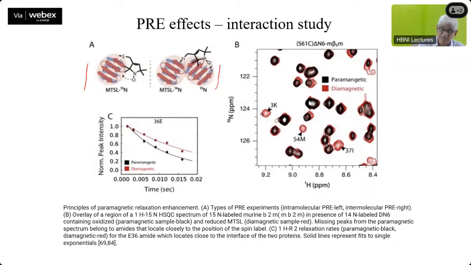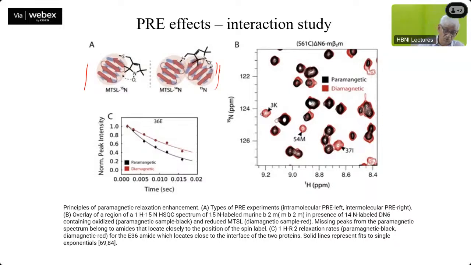Here the spin label is attached on the nitrogen 14 protein. Therefore, what you are measuring is a diamagnetic system. So you can see whether the intensities of the peaks are getting affected at all. If they are getting affected, that means these two are interacting, and which residues are getting affected will be seen by these intensity ratios.